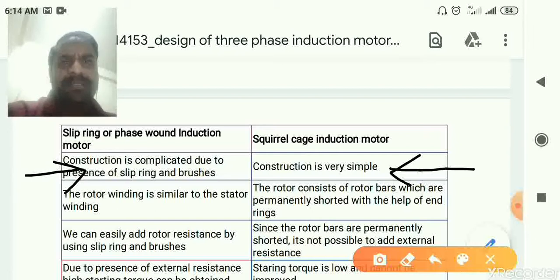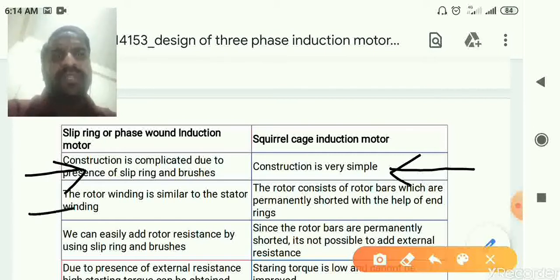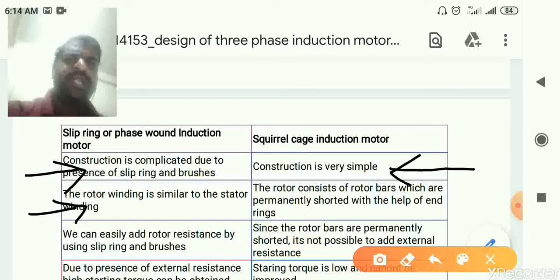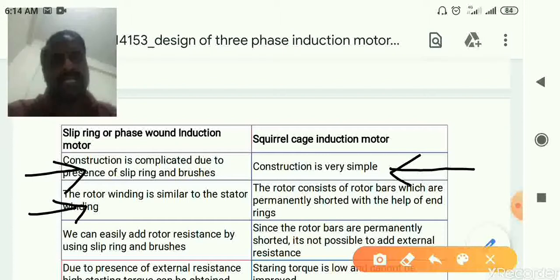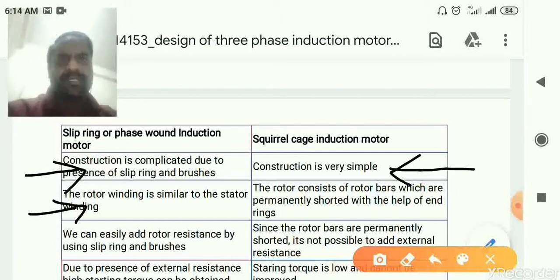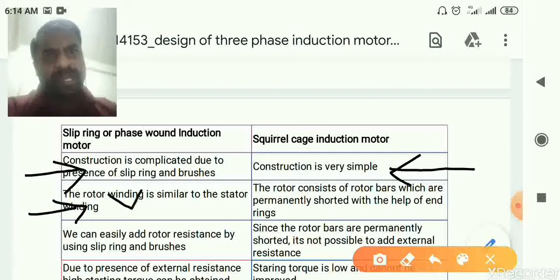Another point of comparison between these two motors is that the rotor winding in the slip ring induction motor is similar to the stator winding. So we can build this rotor winding in star or delta like the stator, but usually the rotor of the slip ring induction motor is connected in star only.